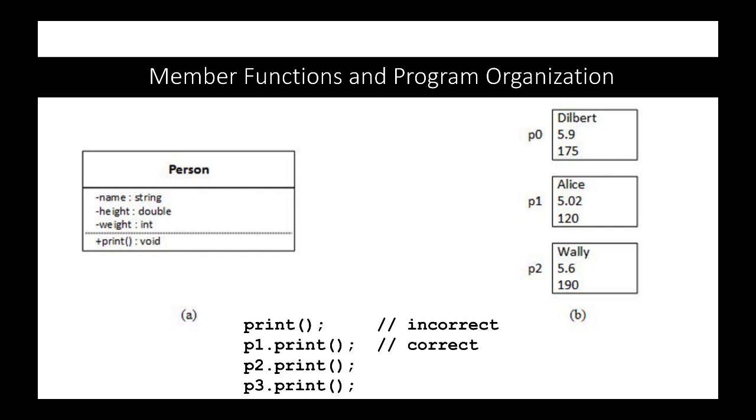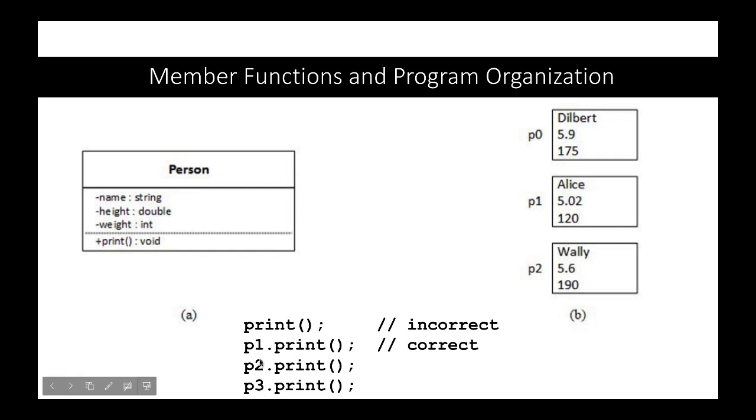Using that same cookie cutter analogy, cutting out many cookies using one cookie cutter, it is possible to instantiate many objects from a single class. So P0, P1, and P2 are instances of a person, and all of the following function calls are valid. This right here, print, is incorrect, while these are correct. These would be more correct if they were numbered correctly.